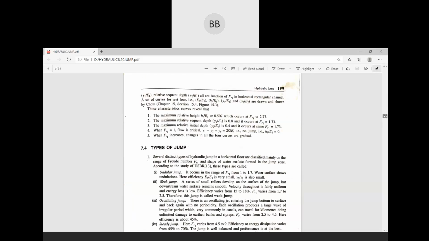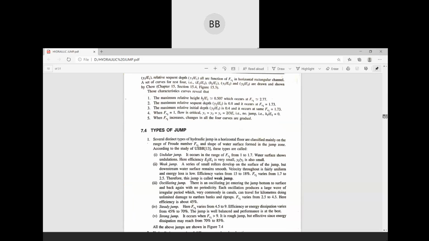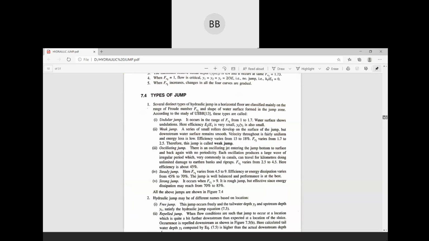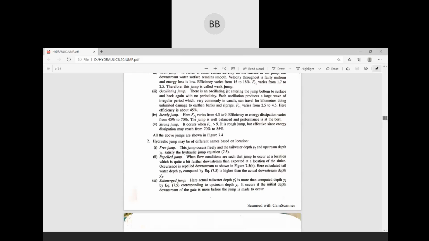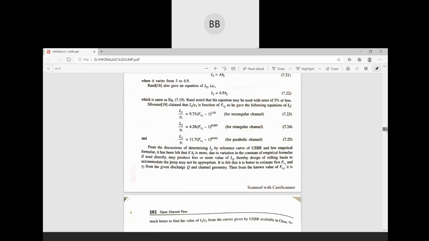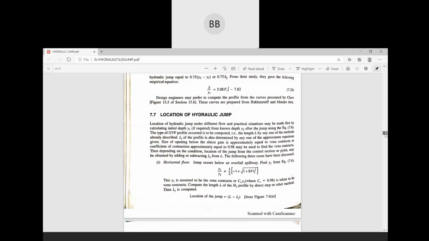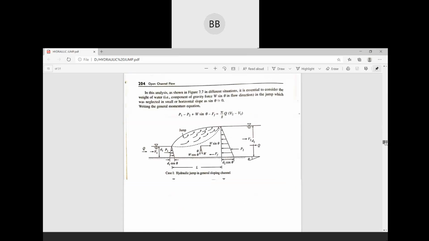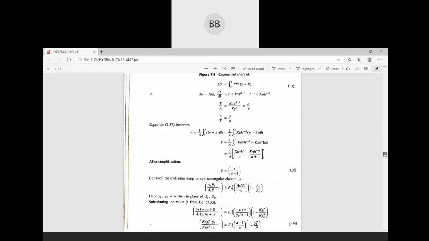Length of the jump, okay, fine. So you write next topic is types of jump, okay? Length of the jump is also over. Then we can directly move on to the numericals, okay?